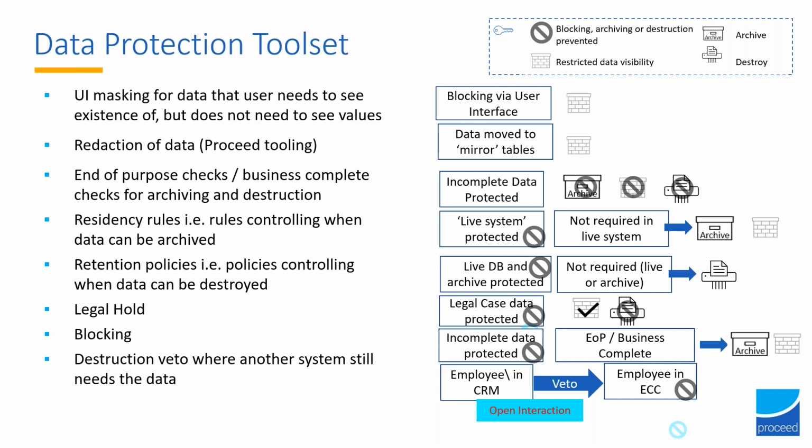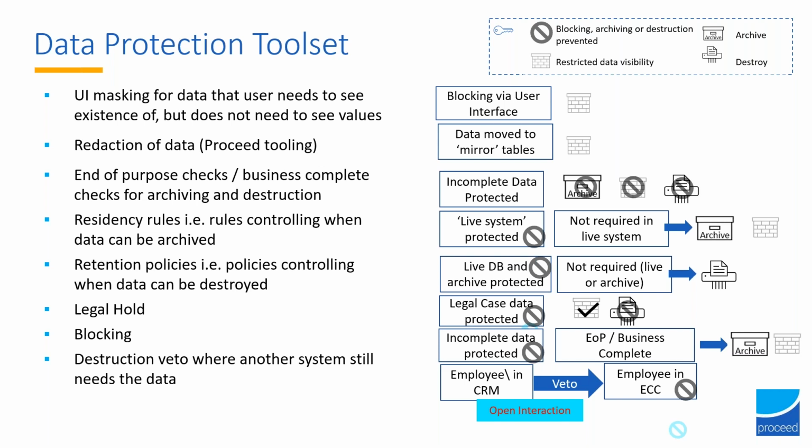You have legal hold, where you can say, okay, the general rule for this data is it's destroyed after 6 years, but for this particular person, I need to keep the data. And we also have destruction veto, where a CRM system, for instance, still needs the data and tells the ECC system not to delete the data because the CRM system still needs it.